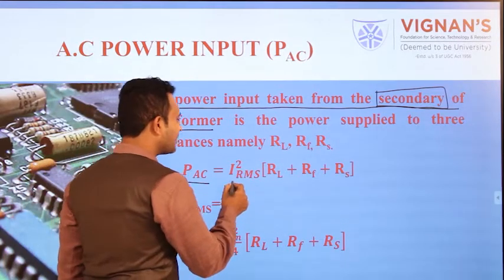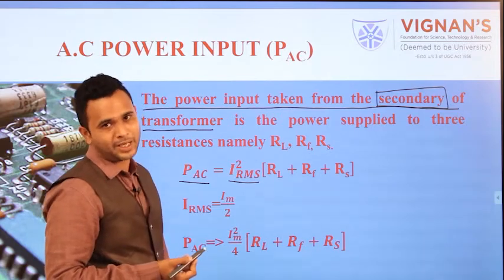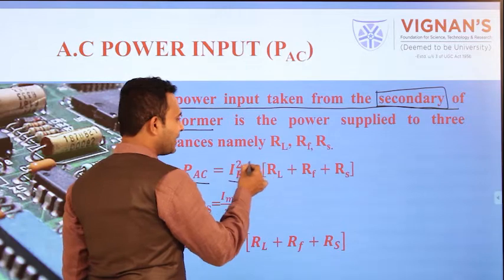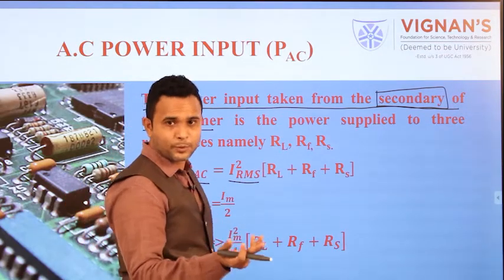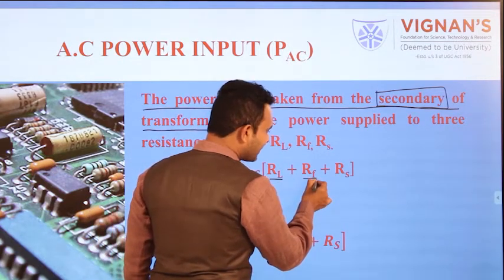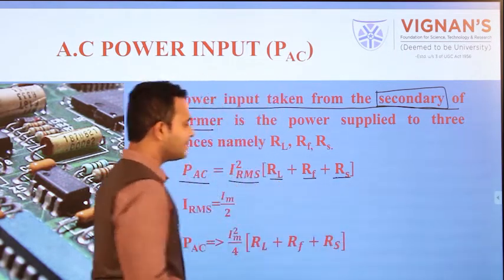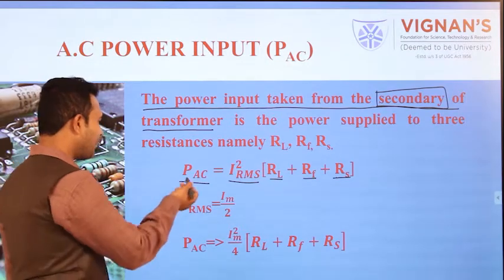So here what is I square? For the transformer, I equals the RMS value, root mean square value. So I square means I RMS square into total resistance. What is the total resistance at the output side? Load resistance plus forward bias diode resistance plus transformer secondary winding resistance. So this is the PAC.